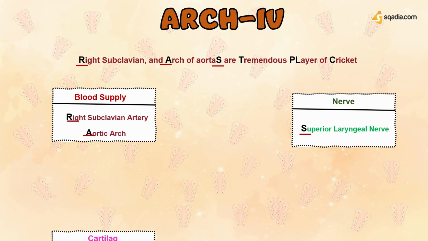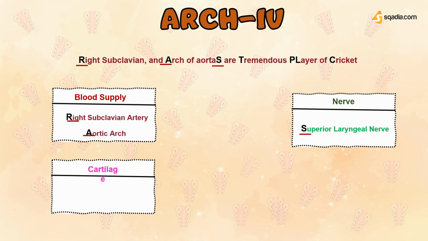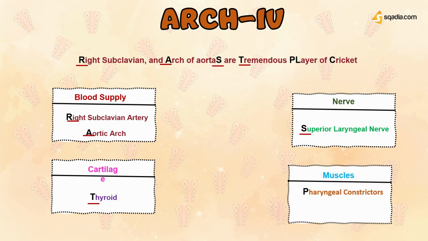Now, cartilage given rise by fourth pharyngeal arch is thyroid cartilage. So, T in tremendous indicates towards thyroid cartilage. Last are the muscles. So, muscles given rise by fourth pharyngeal arch are pharyngeal constrictors, levator veli palatini, and cricothyroid.